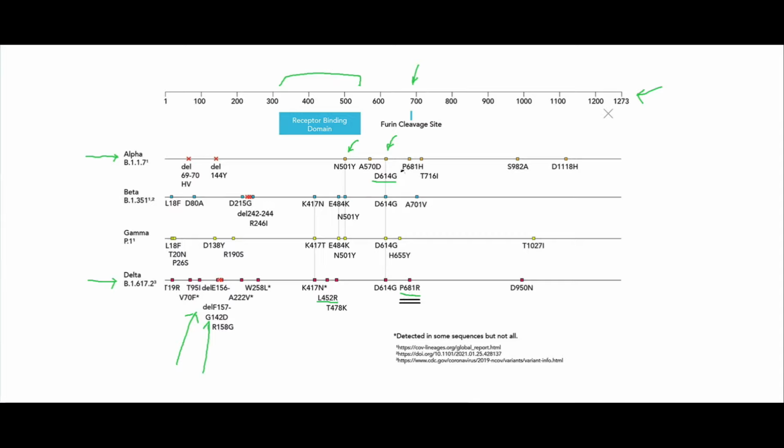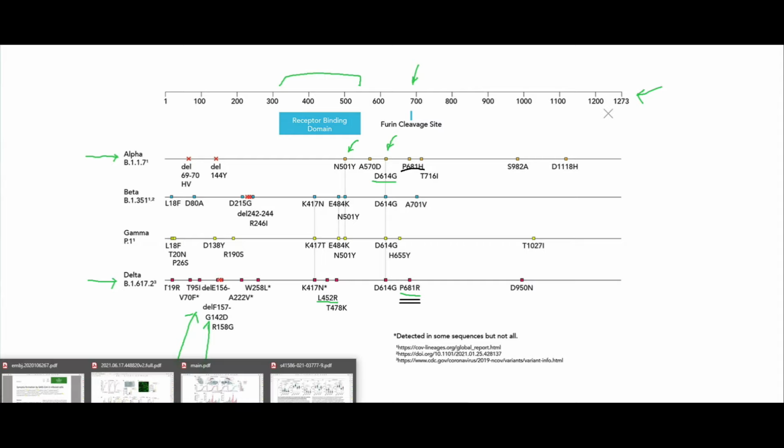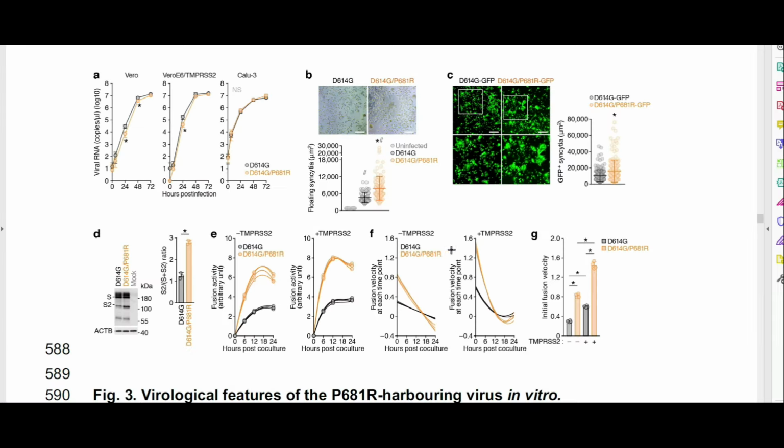There is this P681H mutation in the Alpha variant, which is a proline to histidine, but this is a proline to arginine, which is new in this Delta variant, and this seems to confer extra infectivity onto the virus.